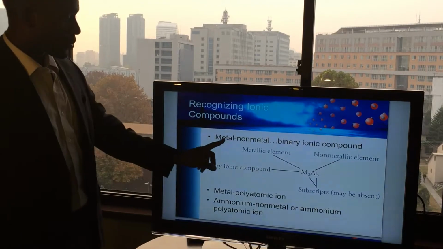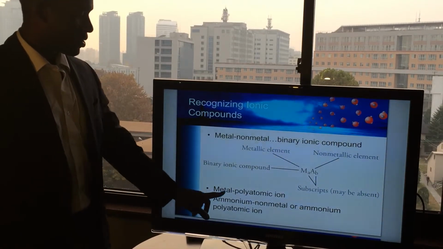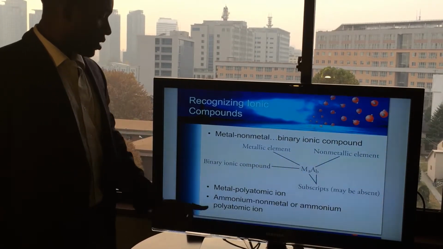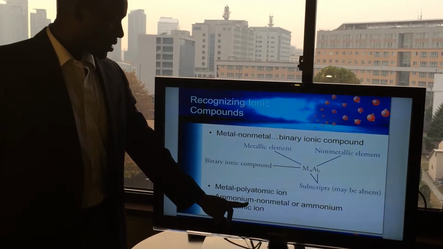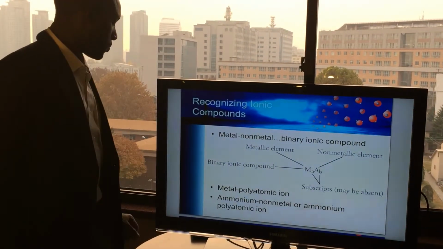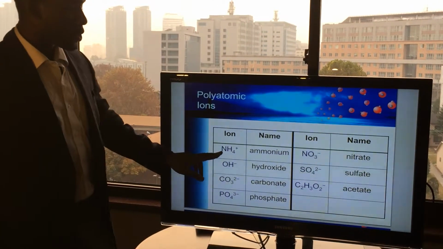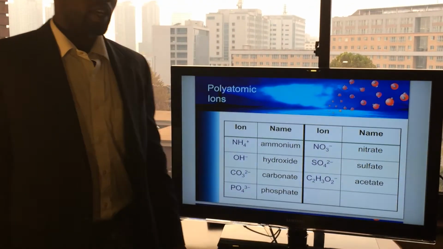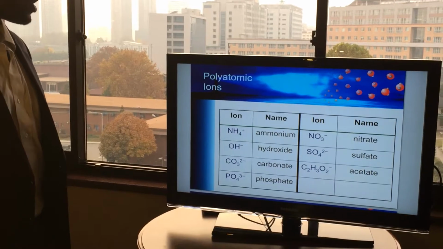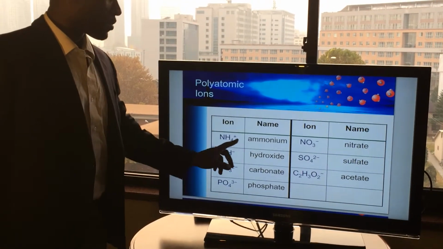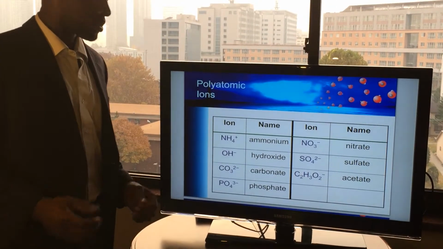Okay, so we talked about metal, non-metal. We talked about metal, polyatomic. Let's go back to talk about ammonium, non-metal. So this is the ammonium cation, and it's a special type of chemistry. The ammonium can form complexes with different things.